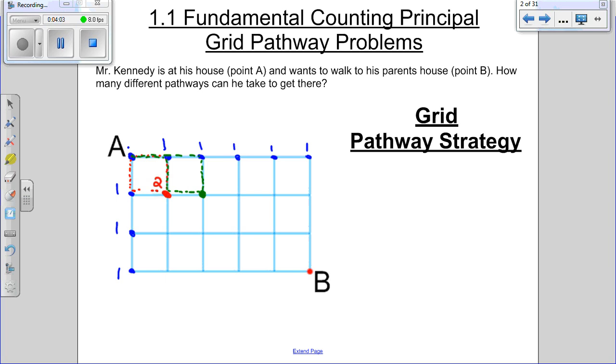Or I could go down, and then across. So that would be 3 different ways to get to that corner. If you trace out the pathways to this green dot over here, it's also 3 ways. You could go 1 to the right, straight down, down, over, down, or all the way down and then over.